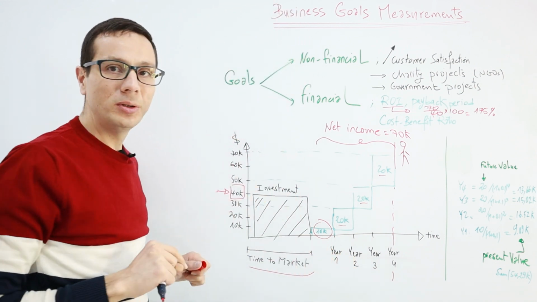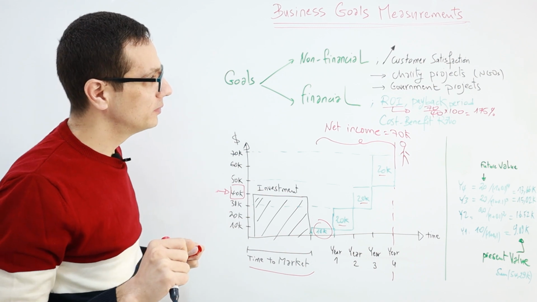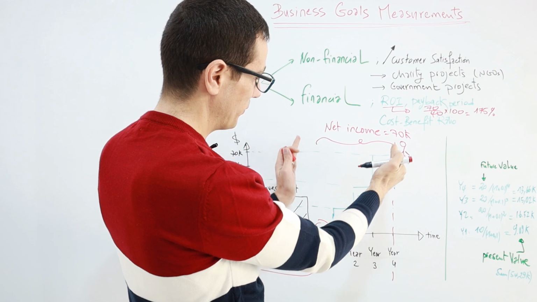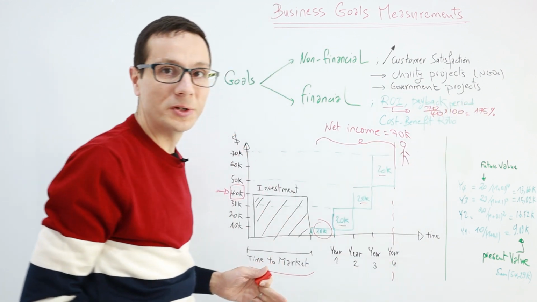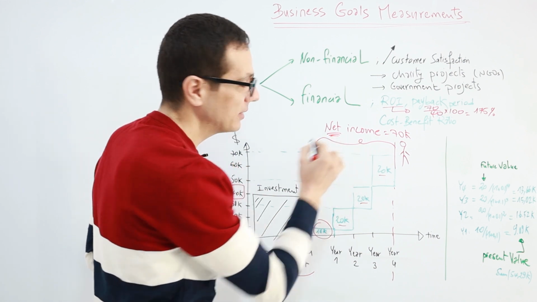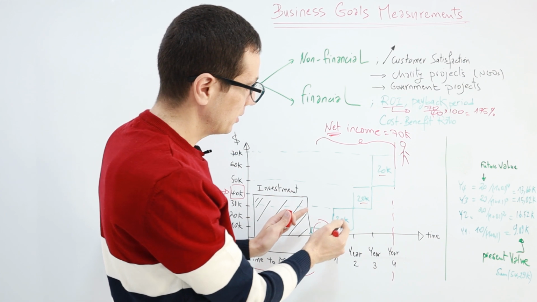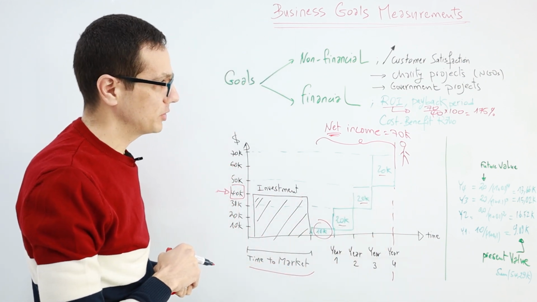It's a profitable project. In case it is not profitable, you will not get any revenue here, 0, and it will be 0%. You did not make any net income. You just made the investment, and you did not get any benefit out of the project.